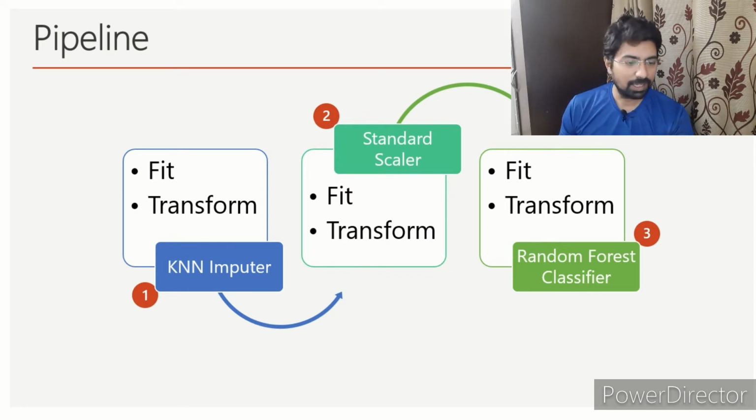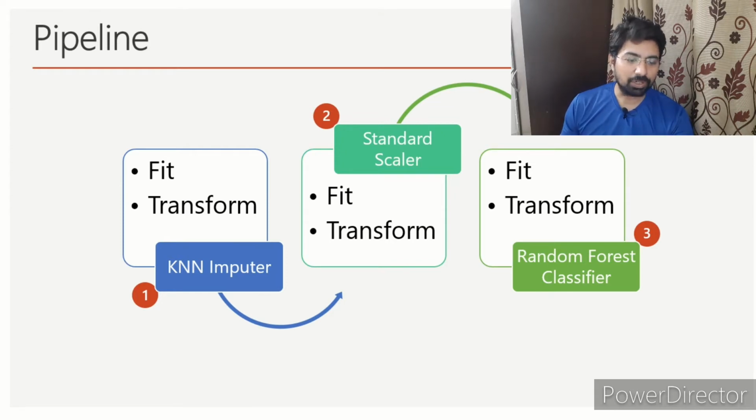Whatever you see on the screen is actually defining it for a sample data. You are applying KNN imputer first, then the standard scaler second, and the random forest classifier last. In that method, you need to apply fit and transform on all your data. If you apply pipeline, it will apply fit and transform sequentially on the input and output data set.